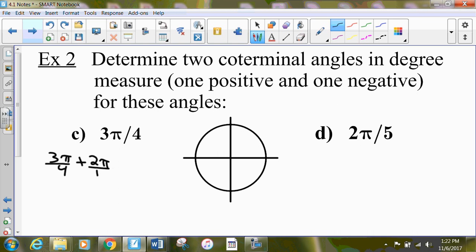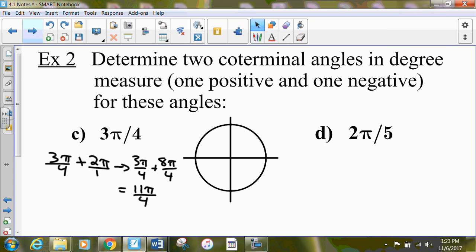So I'm going to give 2 pi a denominator of 1. I'm going to rewrite them with the same denominator, so 3 pi over 4 stays the same. And then 2 pi becomes what? 8 pi over 4, right? I multiply the bottom by 4 and the numerator by 4 to get 8 pi over 4. So when I add them up, I get 11 pi over 4. So that's one of the coterminal angles to 3 pi over 4.